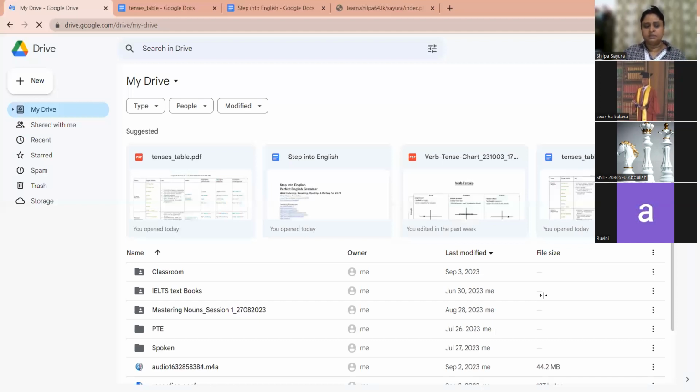Here simple present tense, and this is simple past tense and simple future tense. And if I take a small example with simple present tense: I study every day. So present tense, I study every day. And simple future, I will study tomorrow.